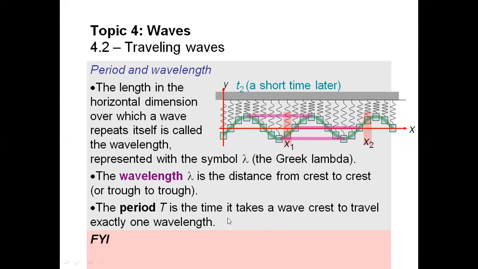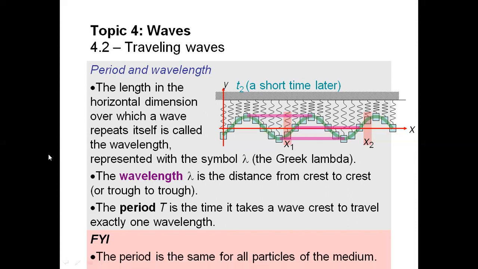Or we can say that when the particles complete one oscillation, the time needed for one complete oscillation is also called the period. Or the period T is the time it takes a wave crest to travel exactly one wavelength. We will have examples and it will be more clear. The period is the same for all particles of the medium.